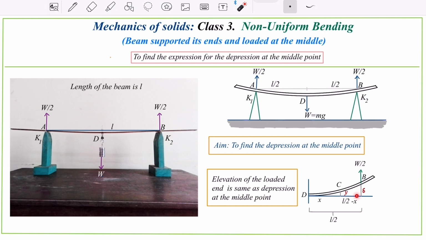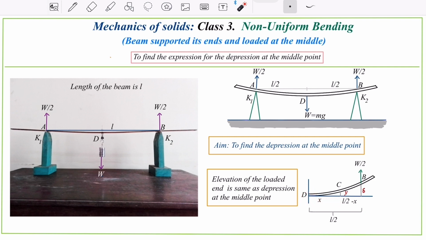Elevation of the loaded end is given by delta. Delta is the elevation of the loaded end, which is at a distance L by 2 from the middle point D. Here two cantilevers having length L by 2 are taken. Since the total length of the beam is L and the beam contains two cantilevers, the length of each cantilever is L by 2.